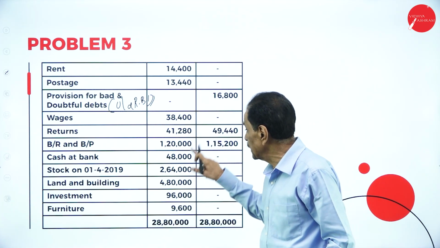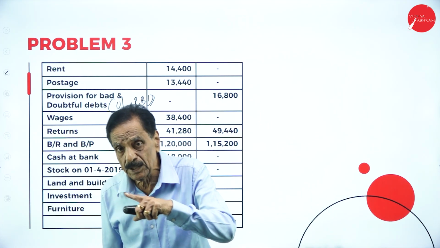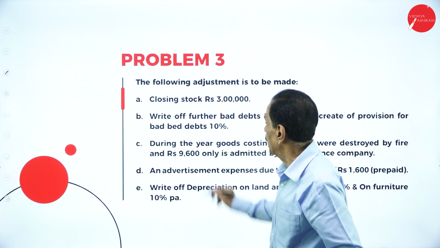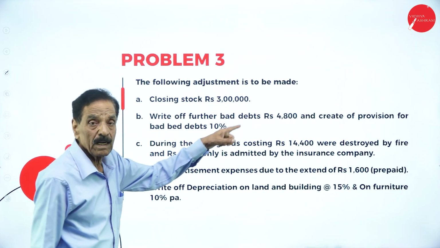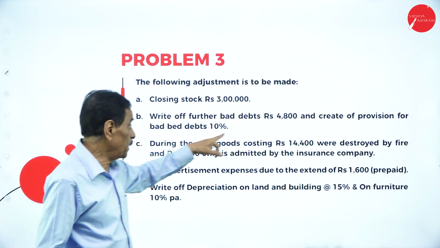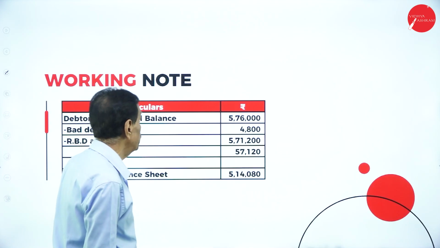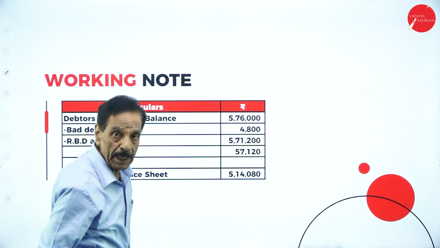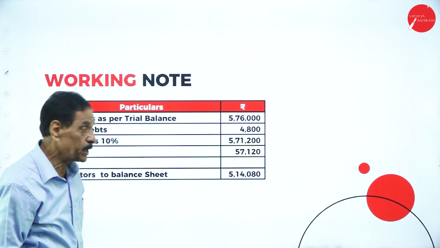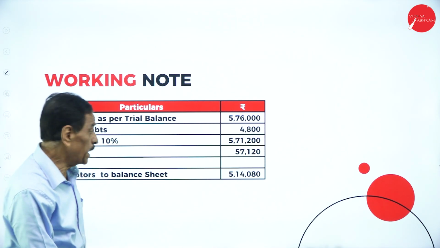The items in the trial balance should appear only once. The items in the adjustment should appear twice. Come back. Closing stock, trading account, credit side, asset side of the balance sheet. Rate of further bad debt, 4,000 and create provision. How is it? Your debtor as per trial balance is 5,76,000 minus bad debt in the adjustment 4,800.